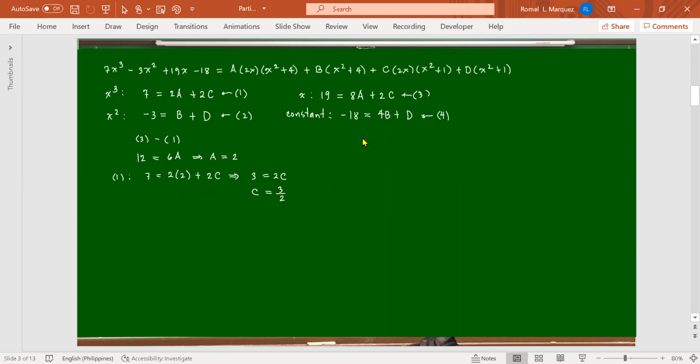So let's work on equation 2 and 4. Let's get the difference between equation 4 and equation 2. So negative 18 minus negative 3, that is negative 15, and that is equal to 4b minus b, which is 3b, plus d minus d, 0. Getting b equals negative 5.